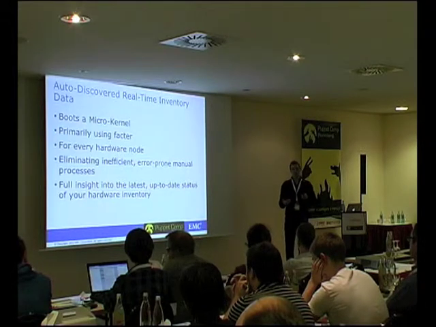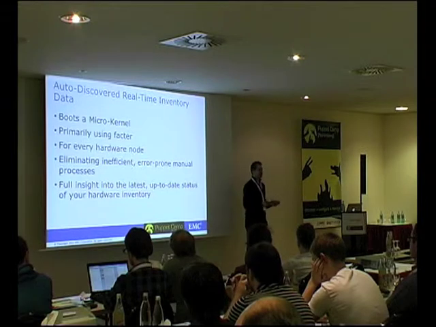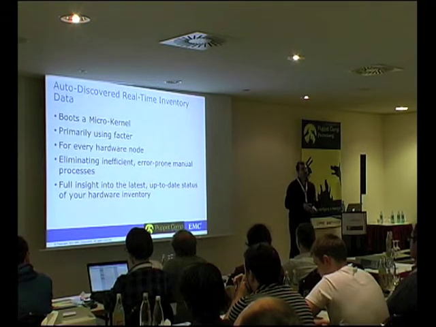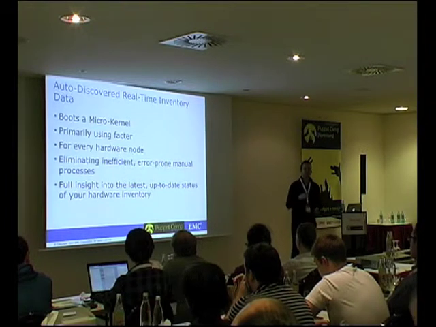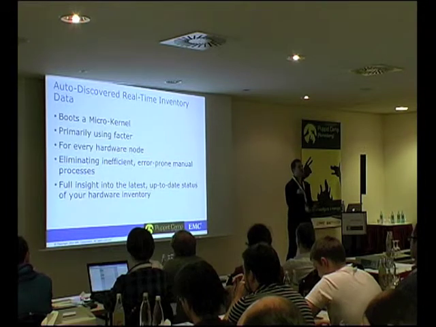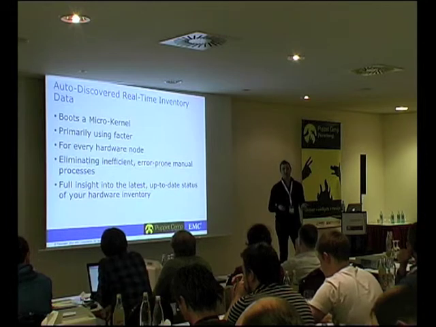All that inventory data is very important because we can use it in creating our models afterwards. This is also to eliminate manual tasks in checking what the specific hardware of that virtual or physical machine actually consists of.